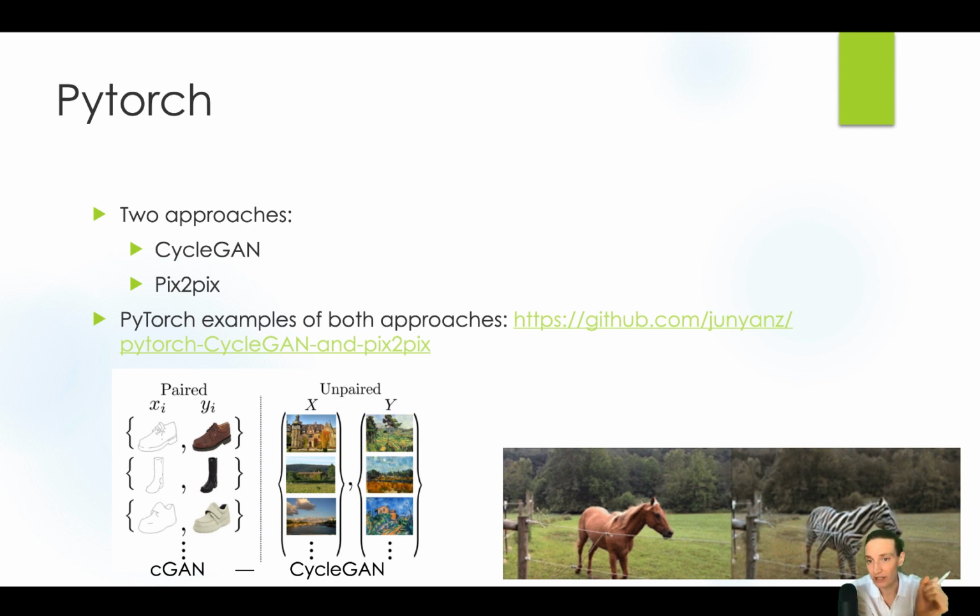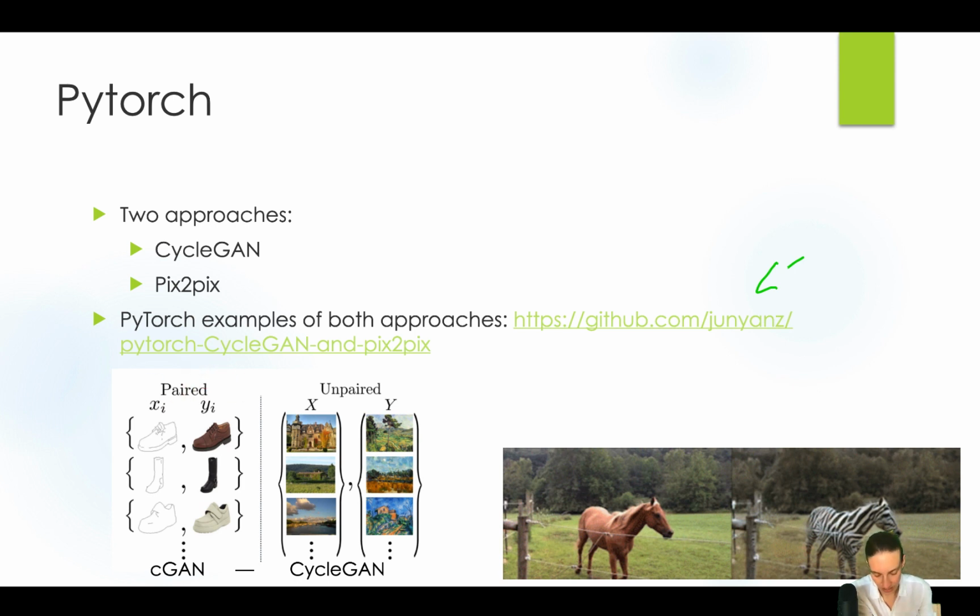I'll briefly mention two approaches, the CycleGAN and the Pix2Pix network. If you're interested, you'll find the official GitHub here. You'll find a bunch of other examples in PyTorch, actually. Now, the main difference between these two is that Pix2Pix is based on a conditional GAN network, and the data is paired.